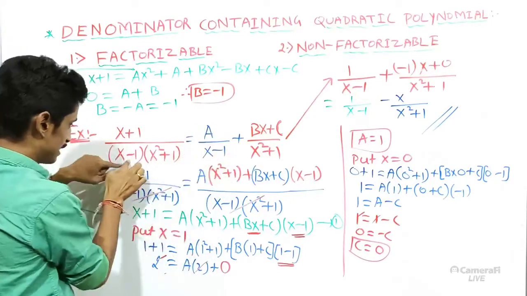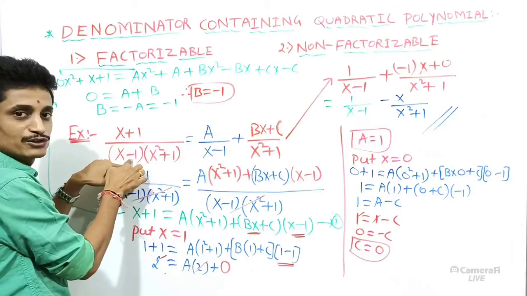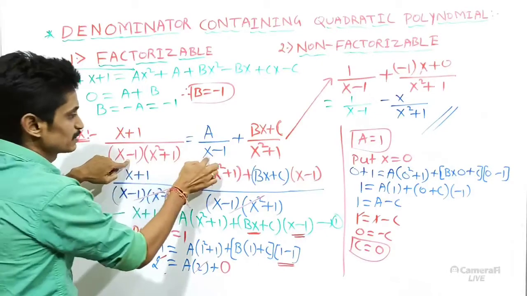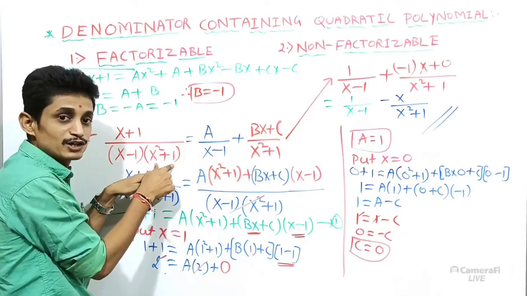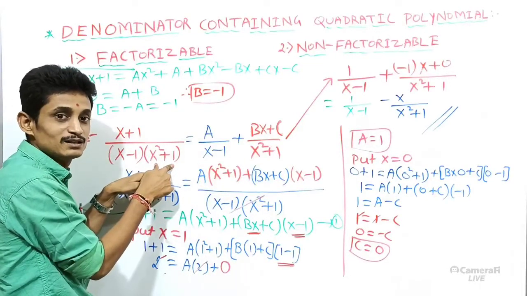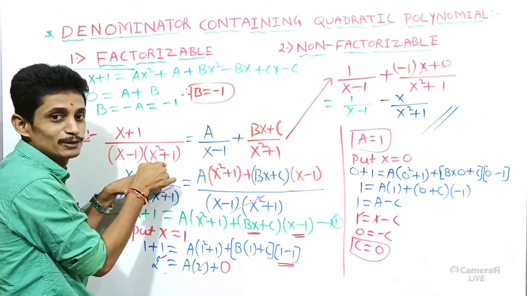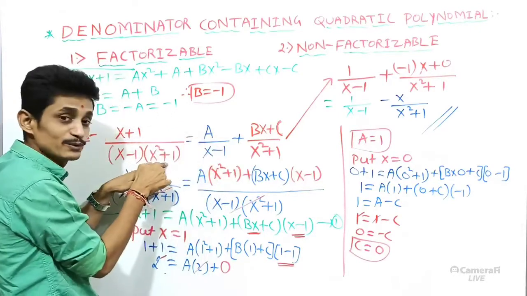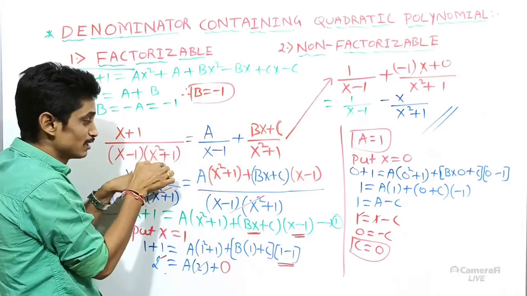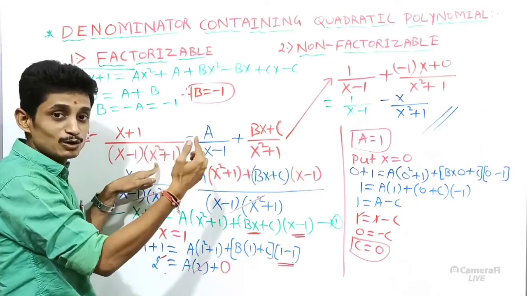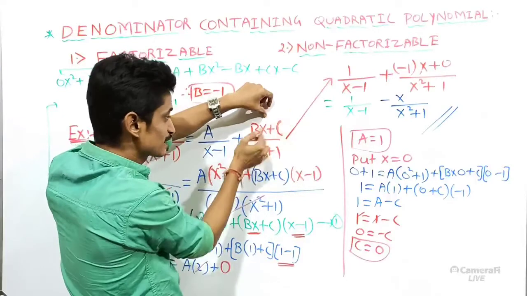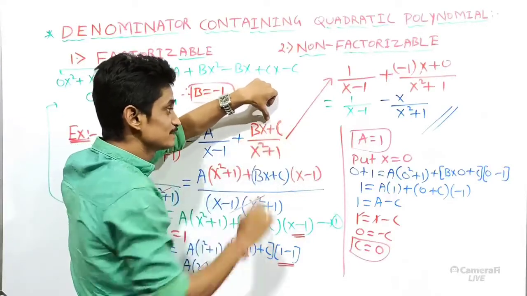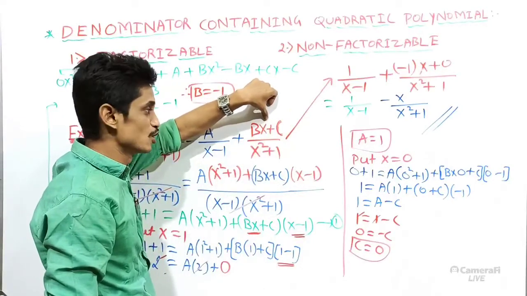So a divided by the first factor, because it is linear. This factor is a non-factorizable quadratic polynomial. So what I told you, whenever you have a non-factorizable quadratic polynomial, above that factor you are going to write the form bx plus c.